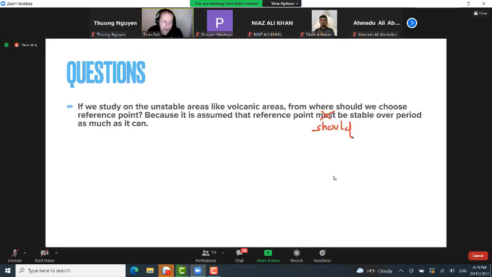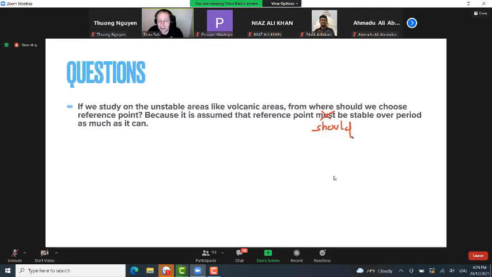Nevertheless, you should try to find a rather stable area, and that would probably not be on the volcano itself. That would be number one choice. But do not get too worried about that if your reference point is also moving. One has to understand, we are not doing any absolute measurement. It is always relative from one point to another in some way.